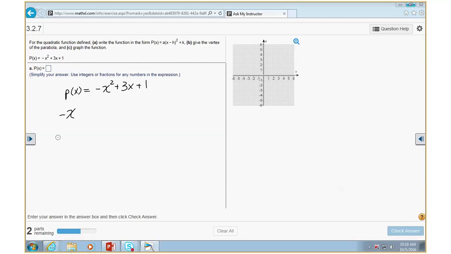I know I'm going to erase it, so don't worry. x squared plus 3x plus blank is equal to negative 3 plus blank. Oh, I just changed the problem. There we go.